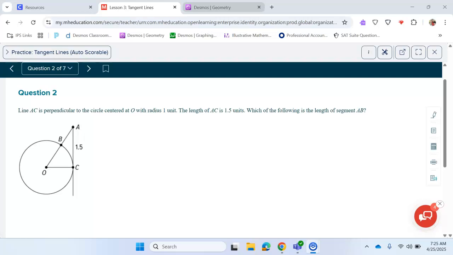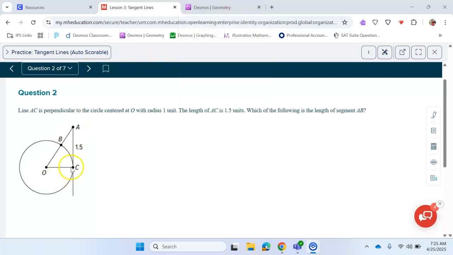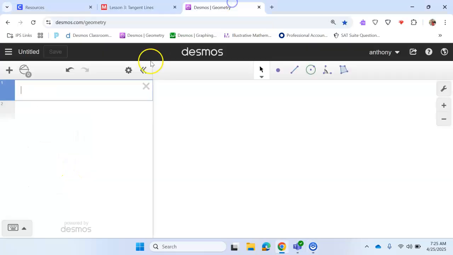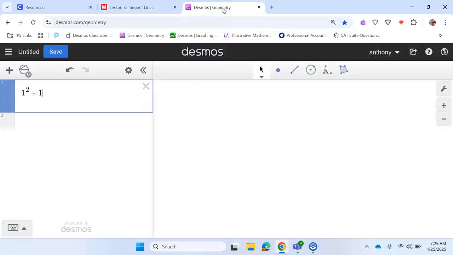So the hypotenuse would be the square root of the small leg, which is the radius, 1 squared, plus the long leg of the right triangle, 1.5 squared.